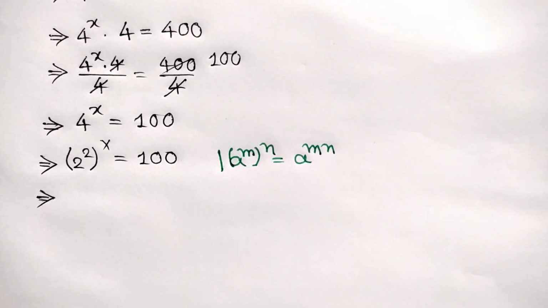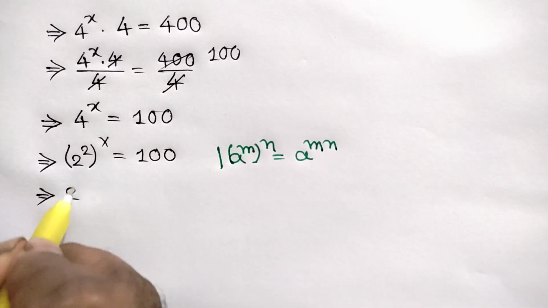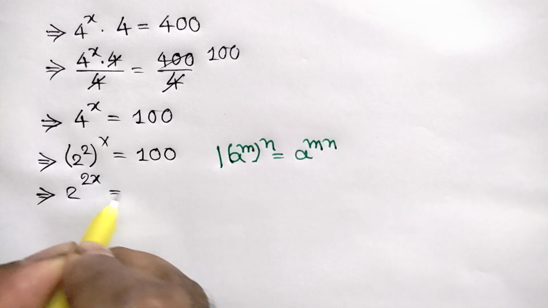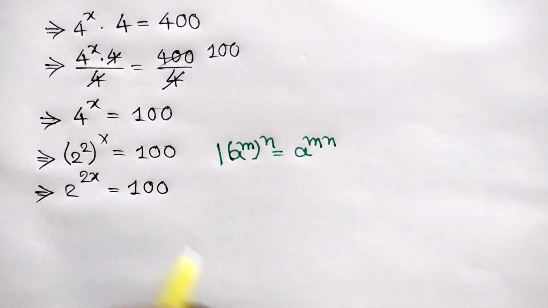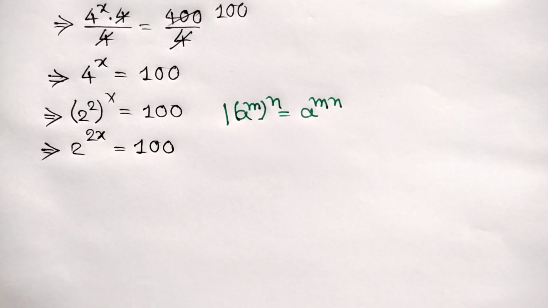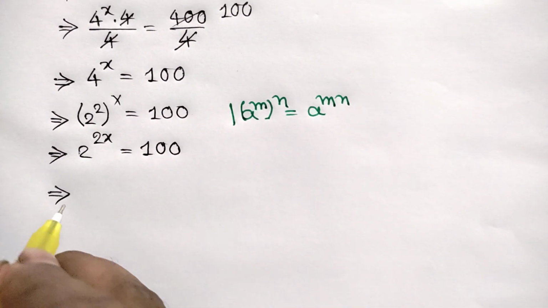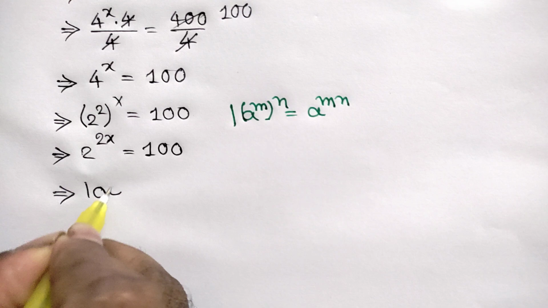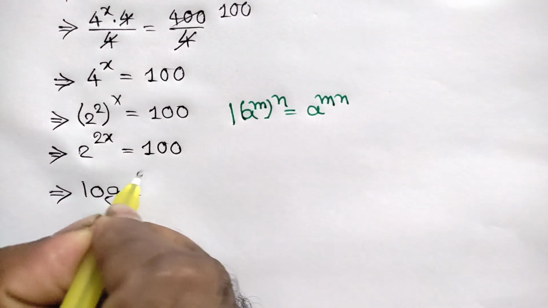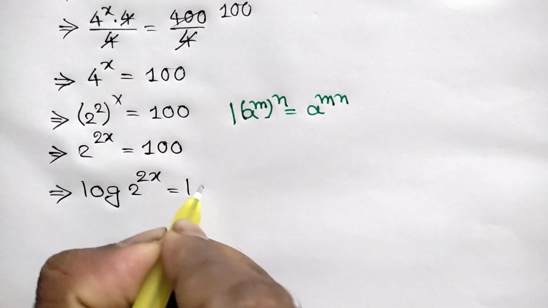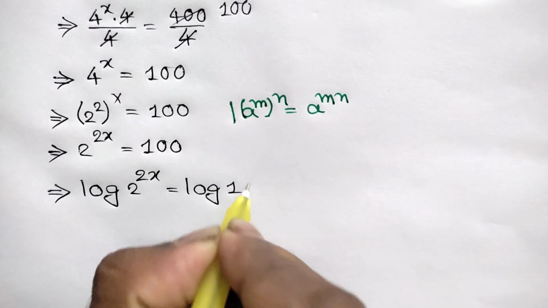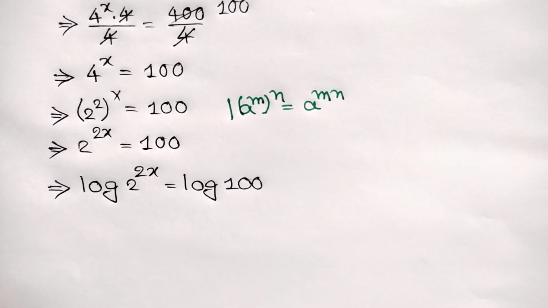So we can write here 2 to the power 2x is equal to 100. Now taking log to both sides we can write log of 2 to the power 2x is equal to log of 100.